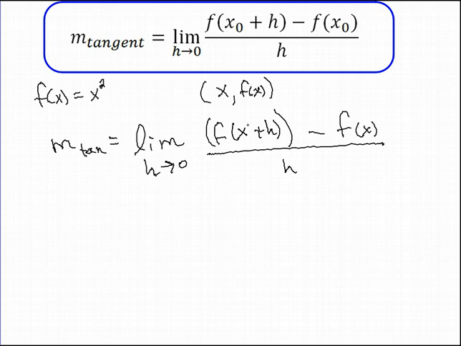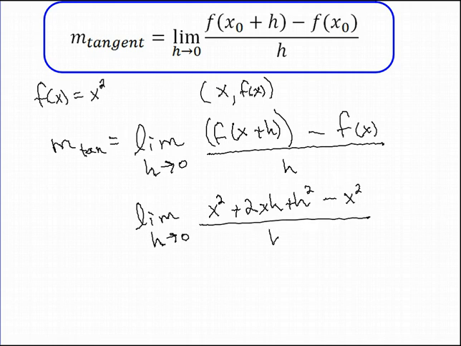So we plug x plus h into our function f of x equals x squared. Same thing, we're going to have to expand that binomial. And so we still get the limit as h approaches 0 of x squared plus 2xh plus h squared minus x squared. Now why is it just minus x squared? Because f of x is equal to x squared. And that's all over h.